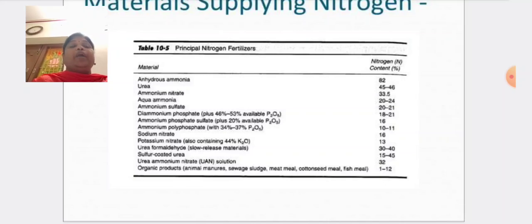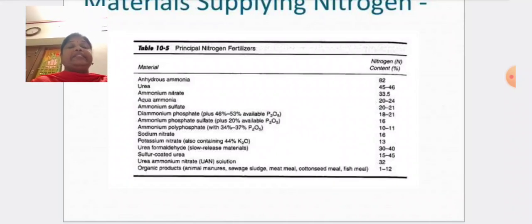Then diammonium phosphate contains 18 to 21 percent nitrogen, and also phosphate. The phosphorus content is in the available form of P2O5, 48 to 53 percent. Then ammonium phosphate sulfate contains 18 percent nitrogen. Then ammonium phosphate contains 10 to 11 percent nitrogen.